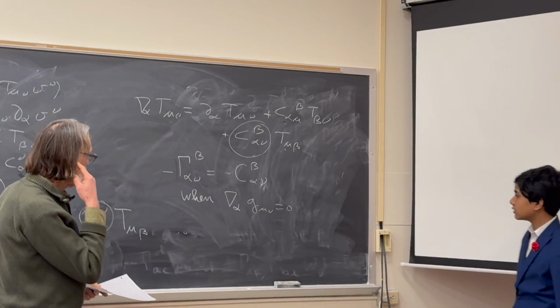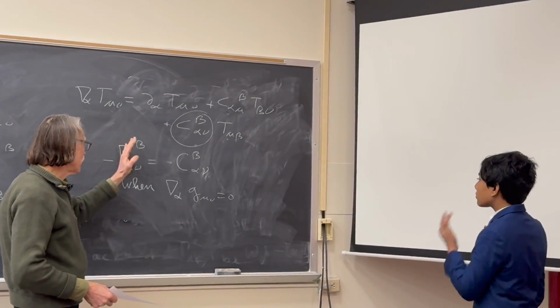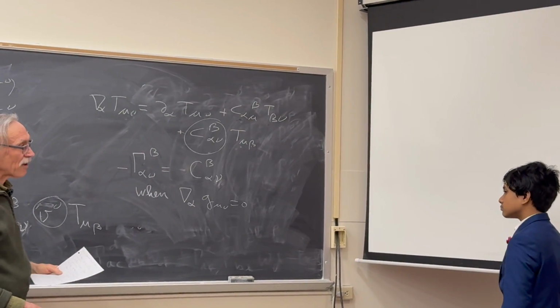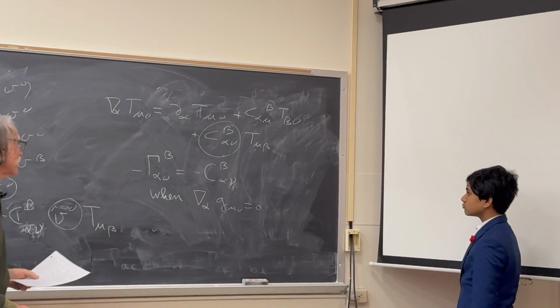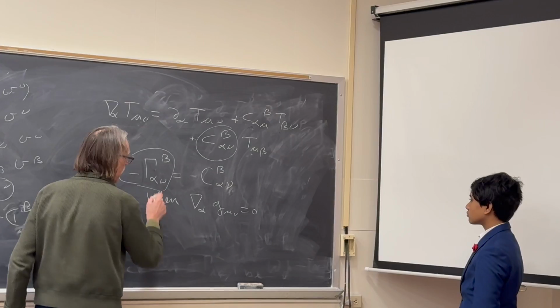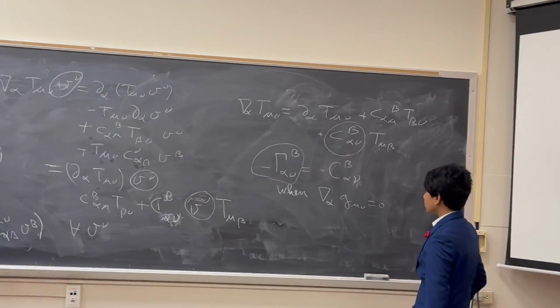Oh, right. And then the name of these coefficients is minus gamma beta alpha nu.